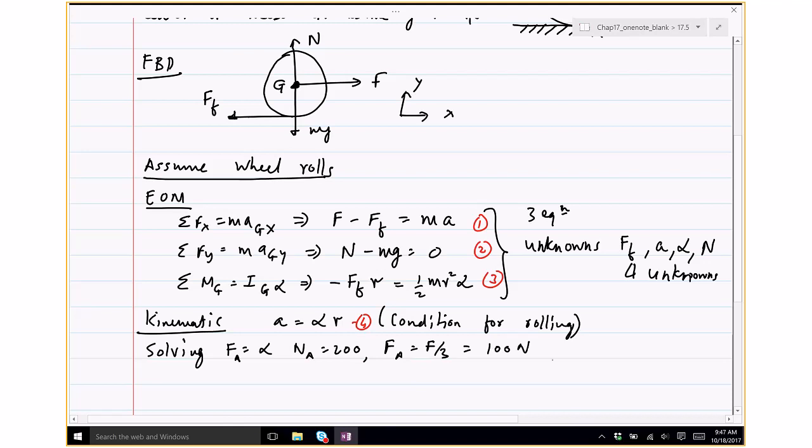So what I was after is Ff, my bad. I was after Ff because I want to check if this is rolling or slipping.